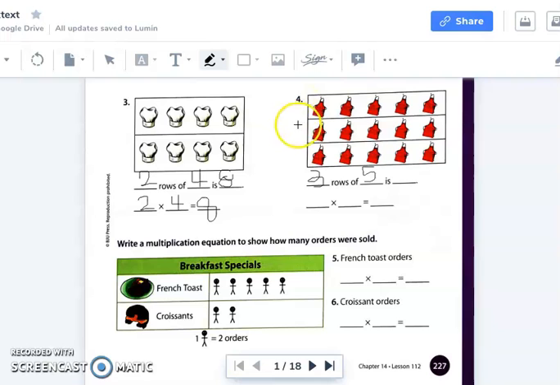So 5 plus 5 plus 5, or 5, 10, 15. So the answer is 15. Now we can change this into a multiplication equation. 3 times 5 equals 15.